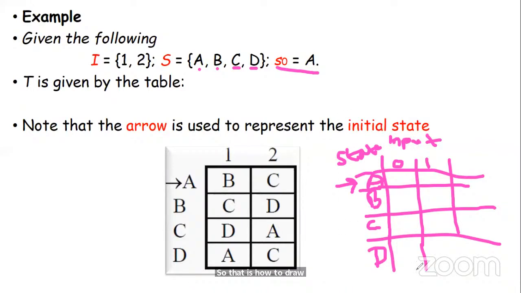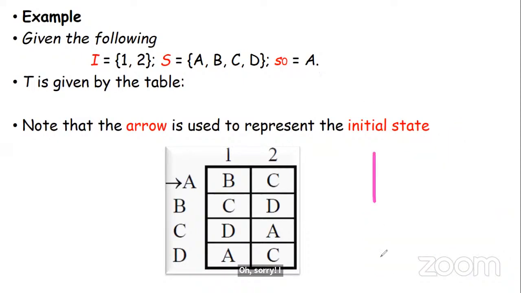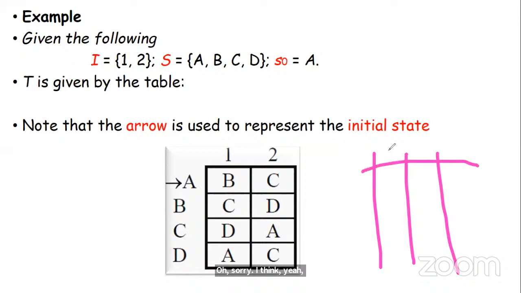So if you're able to draw this, then you now look at your state diagram. Okay. The inputs are 0 and 1. Oh, sorry. I think I made a mistake. Clear. So here, the inputs are 0 and 1.